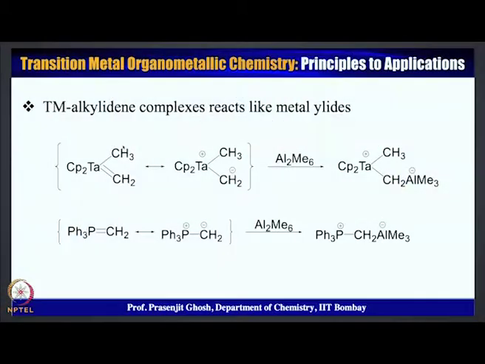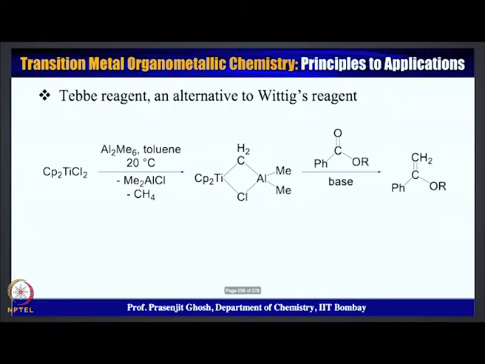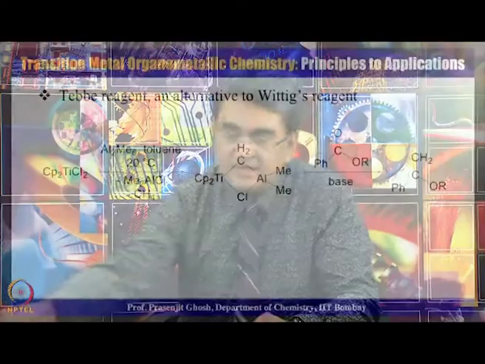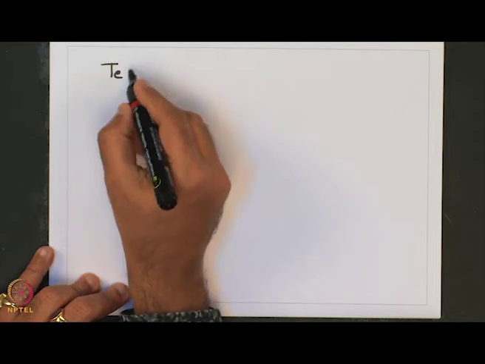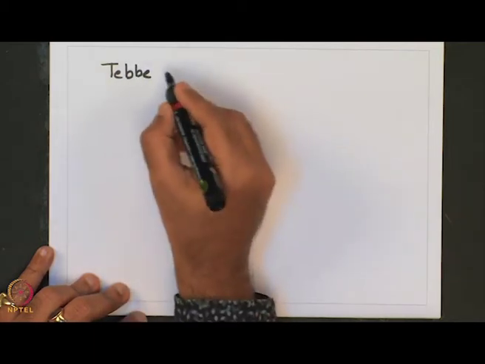Now, this is an interesting aspect of the reactivity of Schrock carbene, and it has found good use in developing a particular reagent called Tebbe reagent. This application has come out from this metal ylide chemistry, parallel to the Wittig reactions that have been observed for transition metal carbene complexes, and this has led to the development of Tebbe reagent, particularly from Schrock carbene.